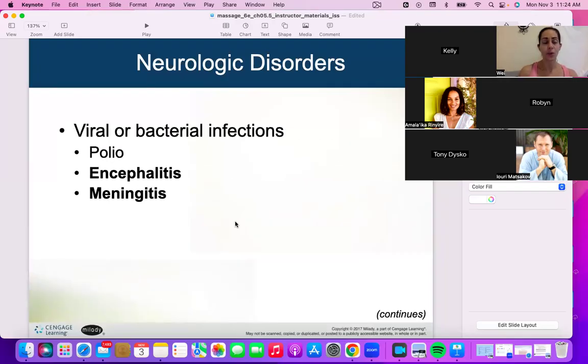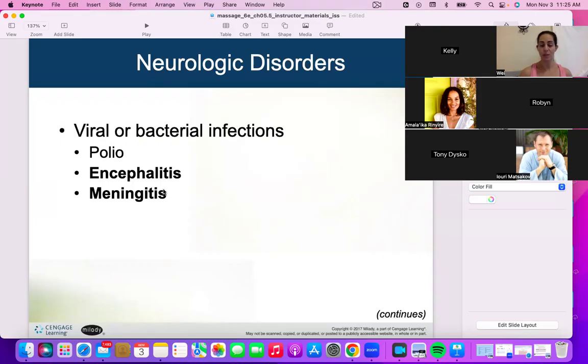Okay, other neurological disorders can come from viral or bacterial infection, like polio, encephalitis, and meningitis. Again, encephalitis and meningitis are both inflammation, and what can cause the inflammation can vary, depending on the contamination or the wound or the bite, or where you got the contaminants from. Polio, for example, is a crippling and deadly disease that affects the motor neurons, right?